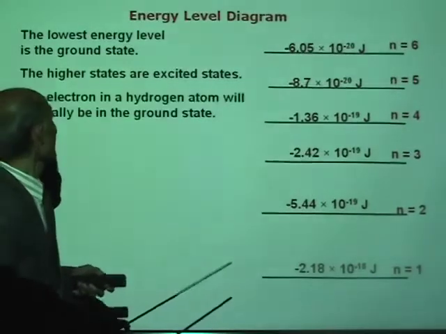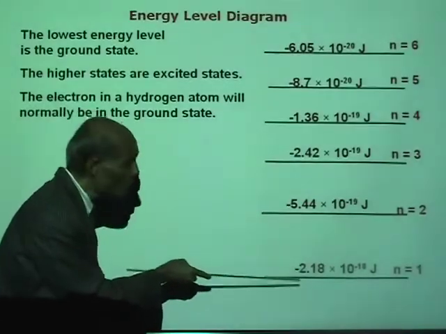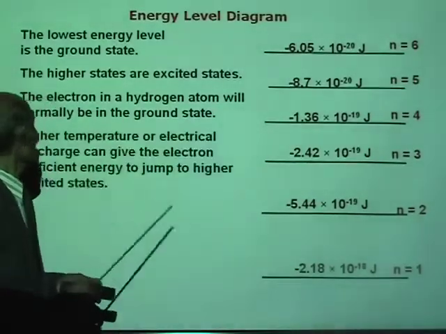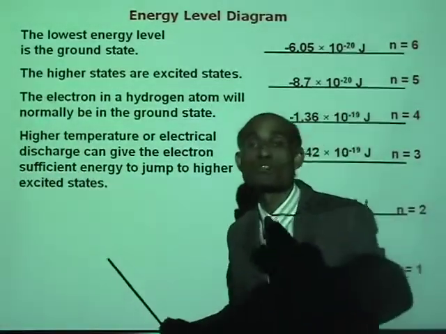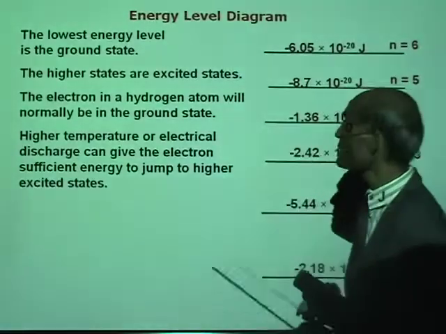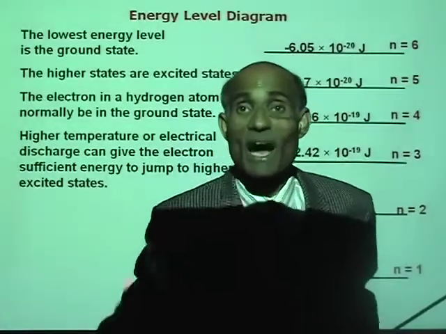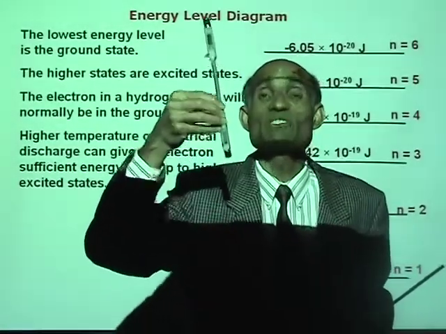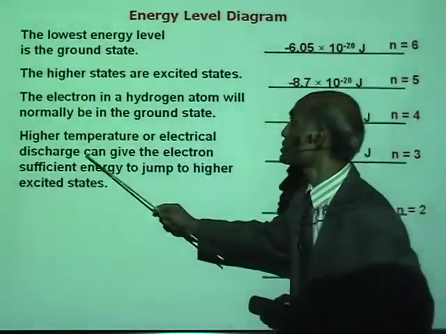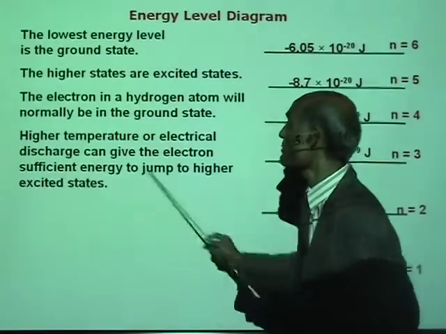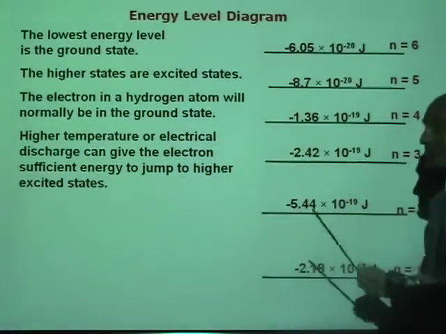An electron in a hydrogen atom will normally be on the ground state. Higher temperature or electrical discharge are reasons for electrons to jump to the excited state. What I used to show you the spectrum is electrical discharge. So higher energy or electrical discharge can give the electron sufficient energy to jump to a different excited state.